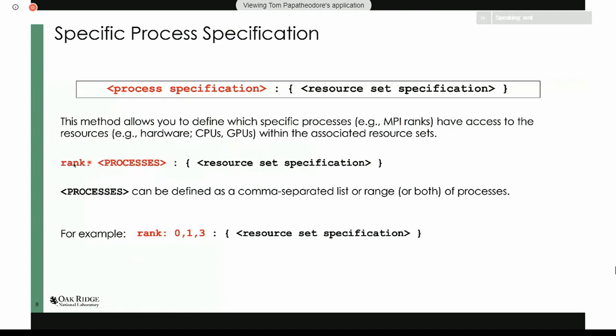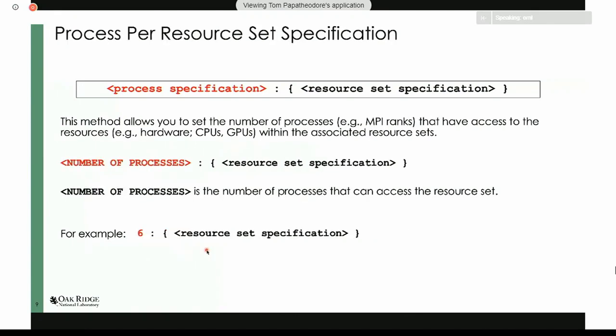So you're saying rank, colon, and then processes. Here, we're saying rank 0, 1, and 3 are going to have access to the resources over here. And as you can see, you can have this comma-separated list, or you can have a range, say 0 dash 3 or something, or both to define those processes in that list.